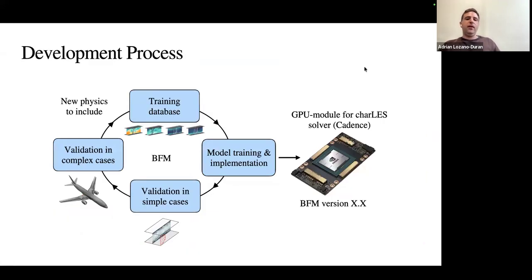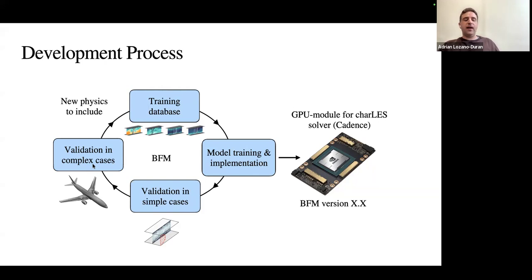And this is showing just how we develop the model. In a way, this is not a frozen model. It's a model for which we keep developing different versions. We have training data, we implement the model, and we test it in simple cases, more like a verification, on the same training data we train for. It has to do a good job at least there.